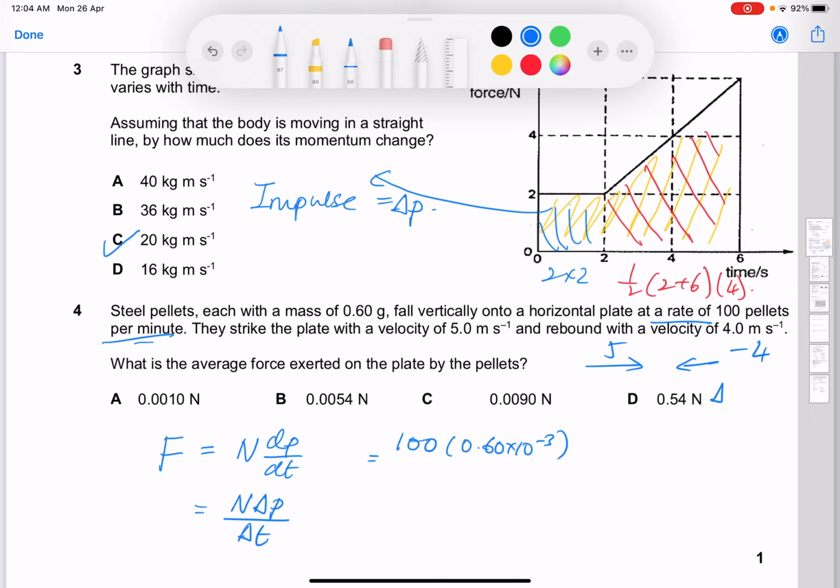So the change in velocity here is 9 units, and the time taken is 1 minute, so it's 60 seconds. Evaluate this and you should get the answer 0.0090 newtons, which is C.